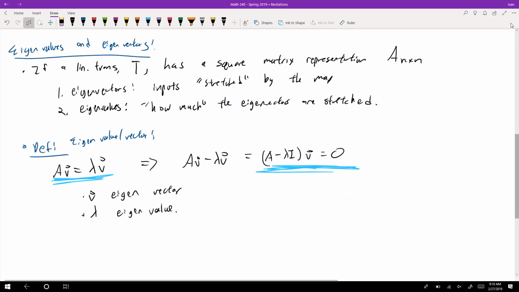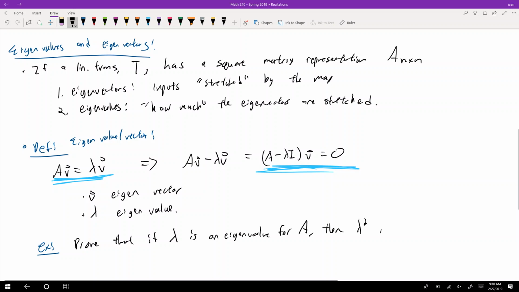Okay, and let's see this definition at work. So, for example, prove that if lambda is an eigenvalue for A, then lambda squared is an eigenvalue for A squared. Okay? So if lambda is an eigenvalue for A, you want to show that lambda squared is an eigenvalue for A squared.